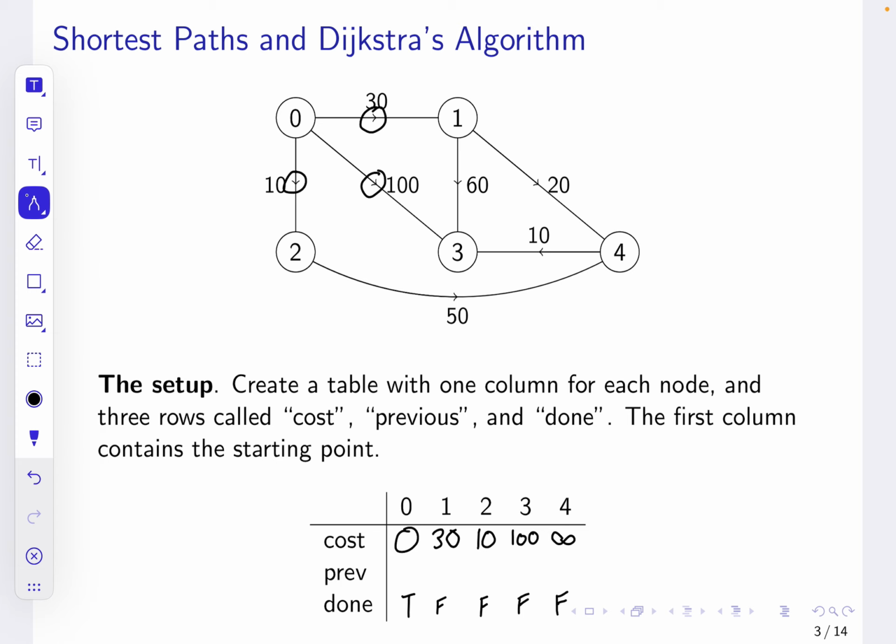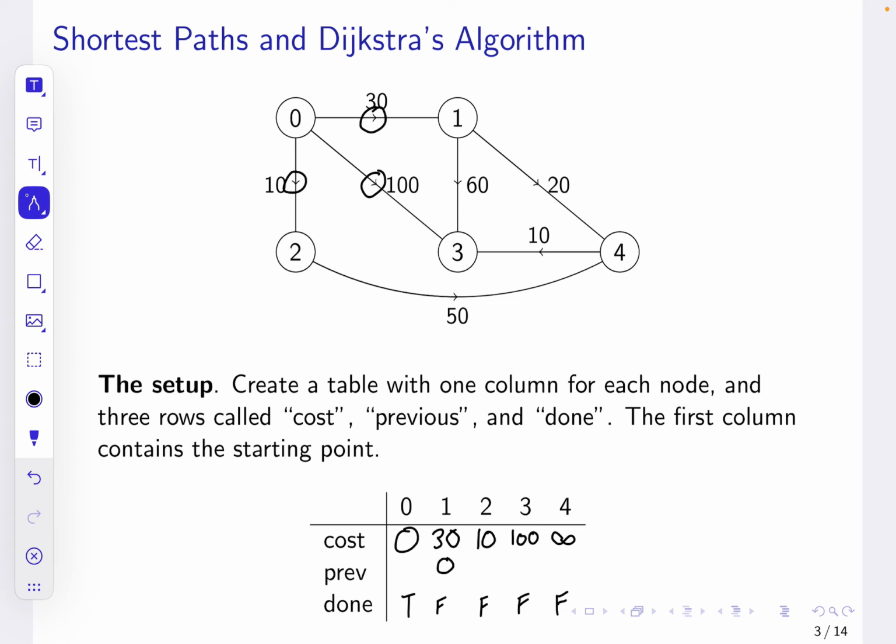So we found that from 0, we can reach 1 with cost 30, 2 with cost 10, and 3 with cost 100. Keep thinking of transportation here. There are roads between cities 0 to 1, 0 to 2, and 0 to 3, and they're like 30, 10, and 100 kilometers each. And again, for these, we update the previous row.